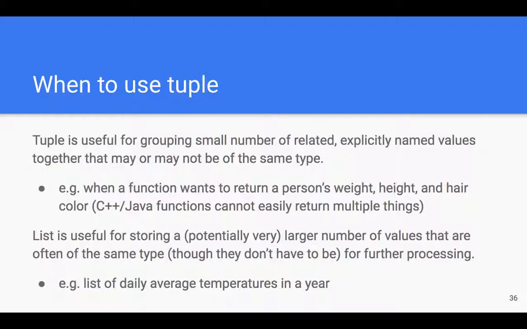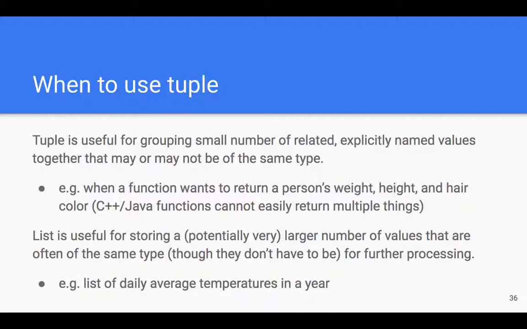For example, when a function wants to return multiple pieces of information, such as a person's weight, height, and hair color, the function can return a tuple of those three things, which is very convenient. C++ or Java programmers would love this feature because in those languages, functions cannot easily return multiple things. But in Python, you can. It's very, very easy. It's built right into the language.